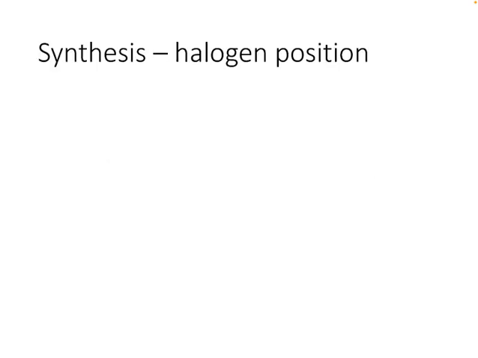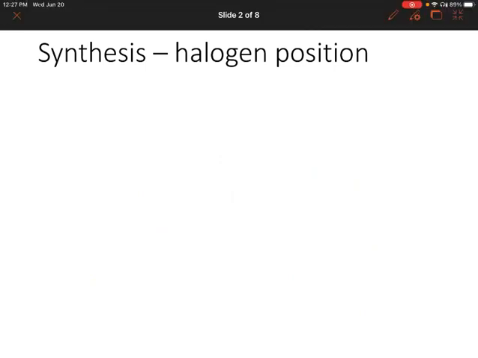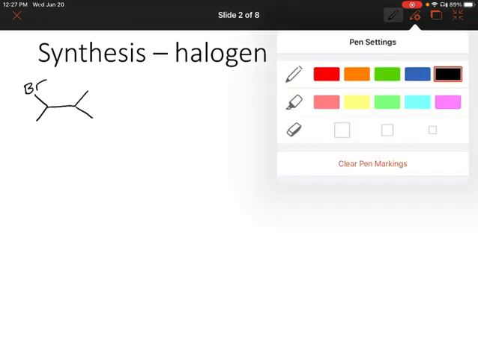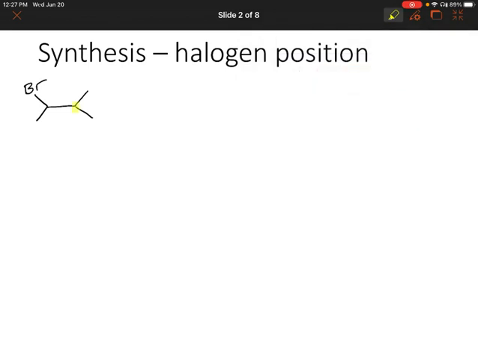Okay, so let's start with the position of a halogen on a molecule. What if we want to change where a halogen is positioned? So for example, let's say we start with a bromine on a secondary carbon, and we want to move that bromine to a tertiary carbon.